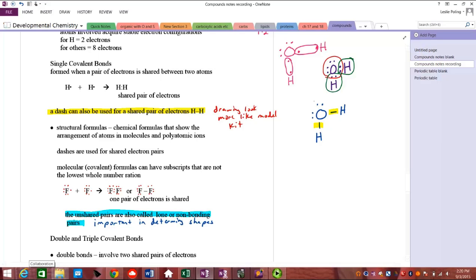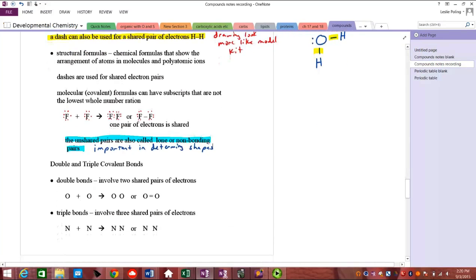Now, what we have shown in these examples is a single bond, because only one single pair of electrons are being shared. We can have double bonds. I'm going to rewrite this over here. In which we share 1 and then 2 pairs of electrons.